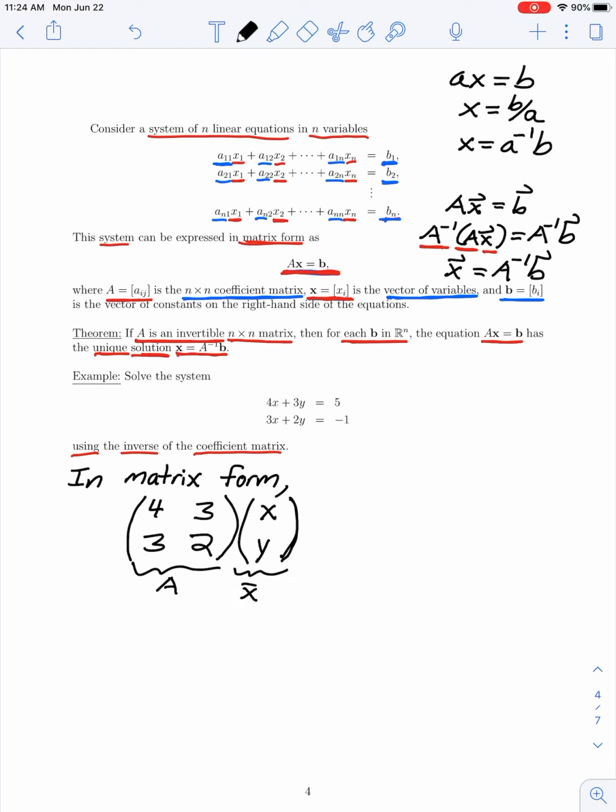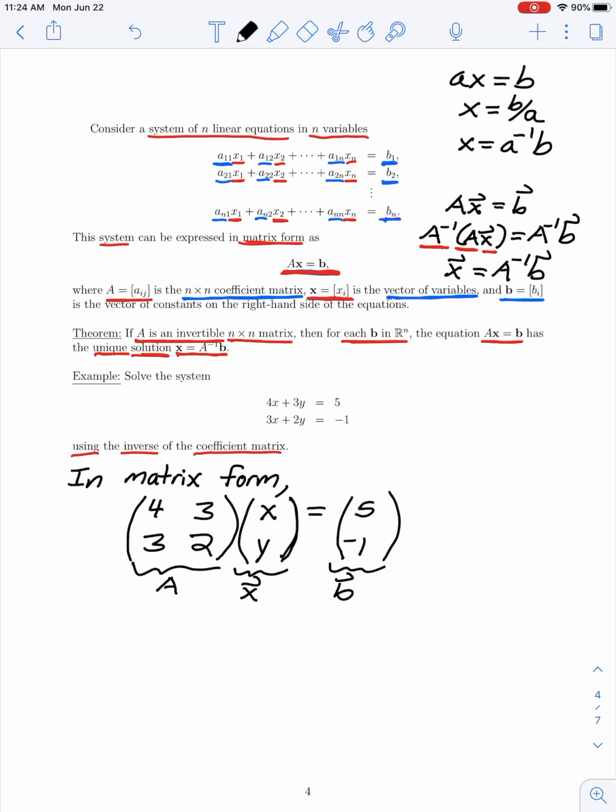So this vector of variables is what we call the vector x. And this is equal to a vector of constants on the right-hand side of our equation. In this case, 5 and negative 1, which is what we've been calling this vector b. So in order to solve for x, well, I need to know if this matrix is invertible. That is the coefficient matrix A.